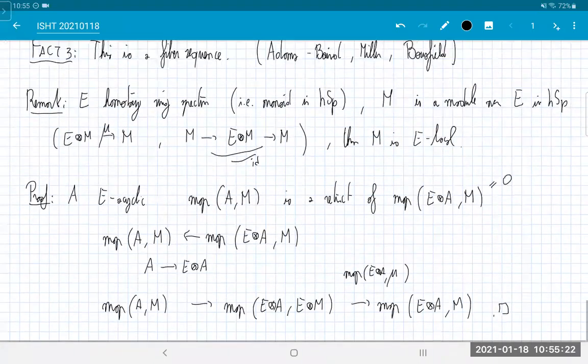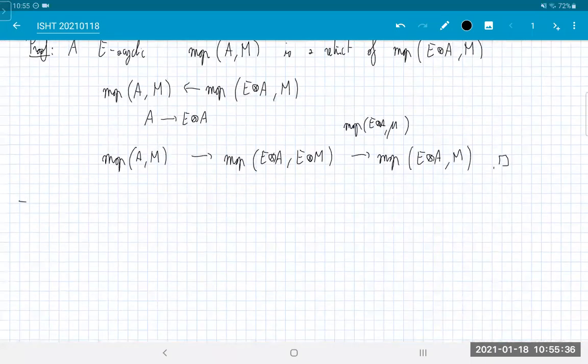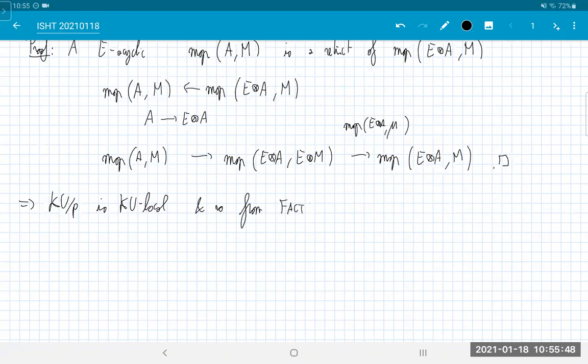So sorry, why do I need this remark? Because I needed to know that KU is KU local. Otherwise, I wouldn't know how to do these things. In particular, that KU mod P is KU local. And so from fact 3, we get S mod P with V1 inverted is KU local.